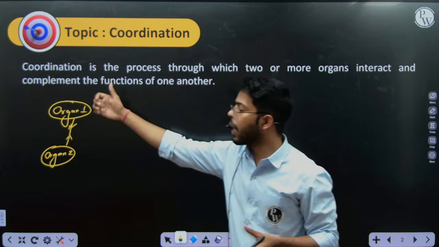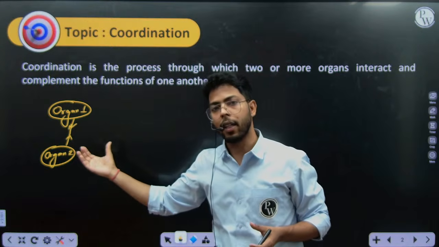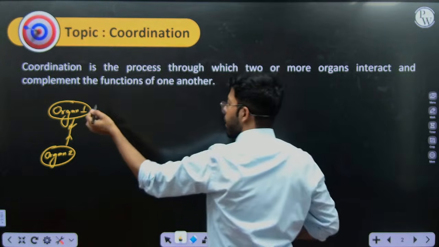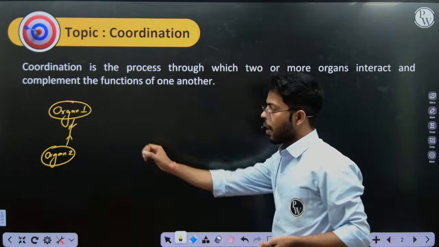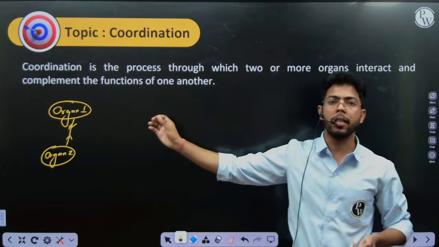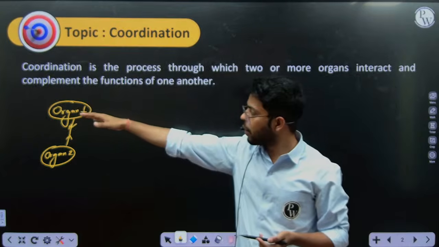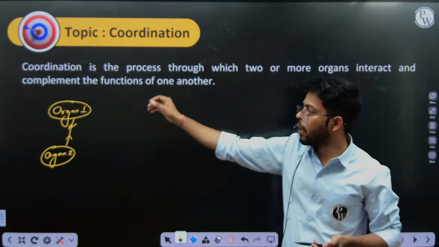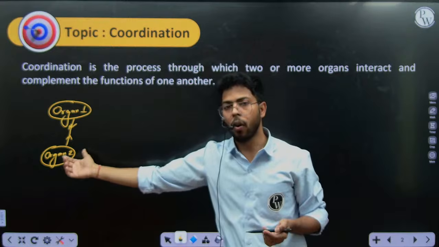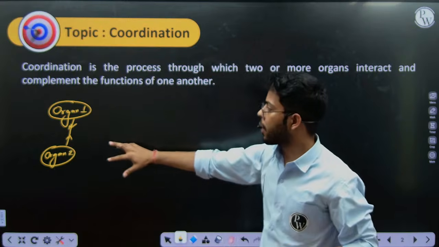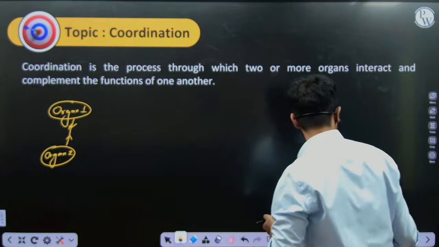That's why we have the neural system and the chemical system. In the neural system there are nerve fibers which originate from the CNS, that means the brain and spinal cord. These fibers innervate the organ or tissue so that they can communicate with each other.